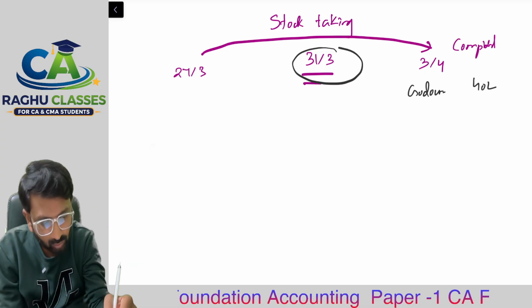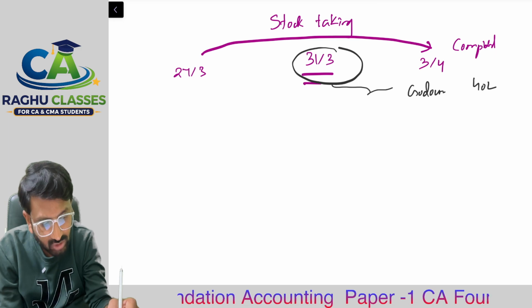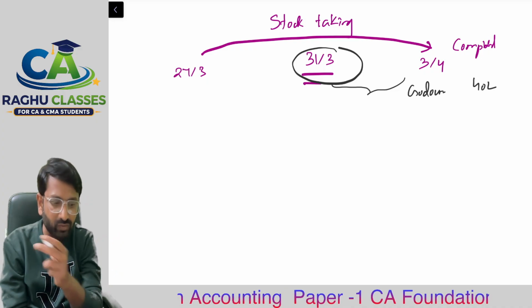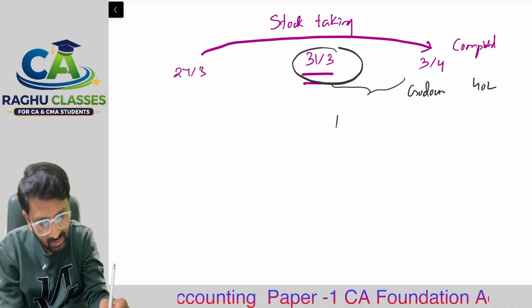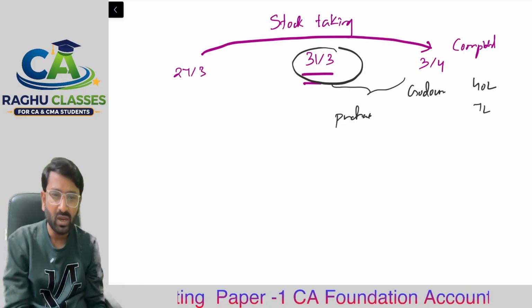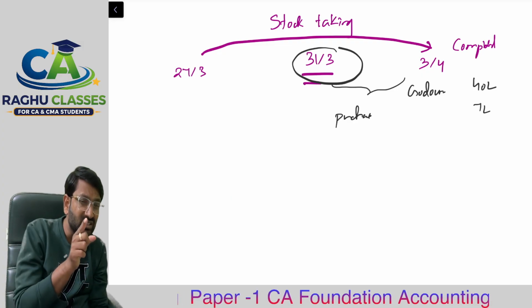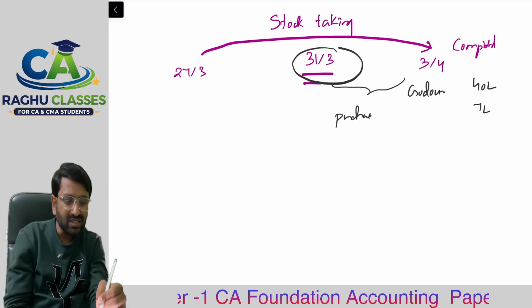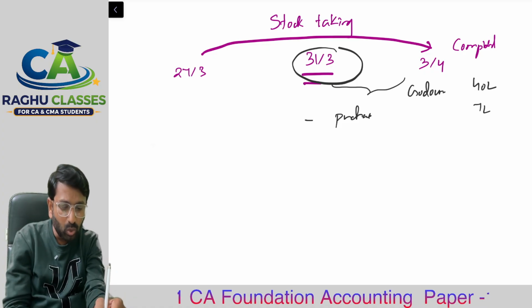So now what we'll do, between these two dates, if there's any transaction, the impact needs to be reversed. Let's say there is a purchase of 7 lakh between these two dates. So can we say this 7 lakhs you bought only after 31st of March? So as on 31st March, I'm not the owner of this item.